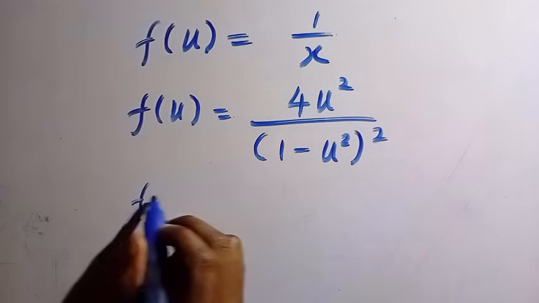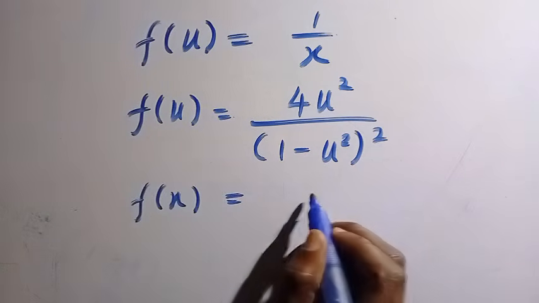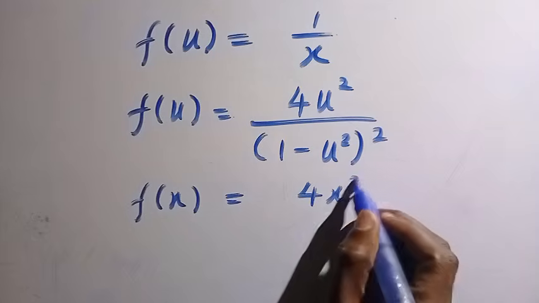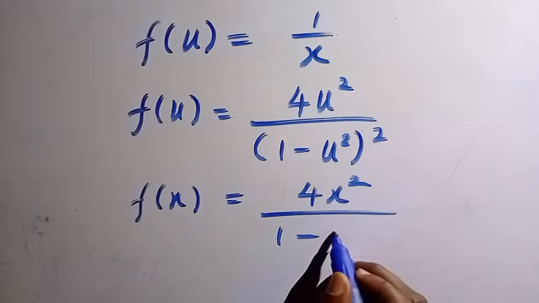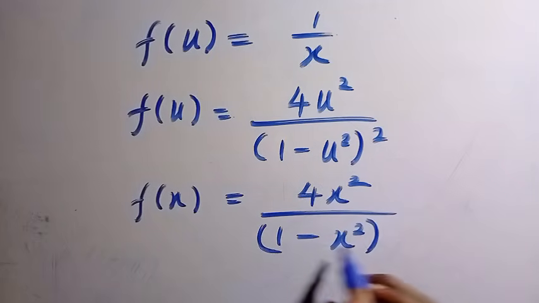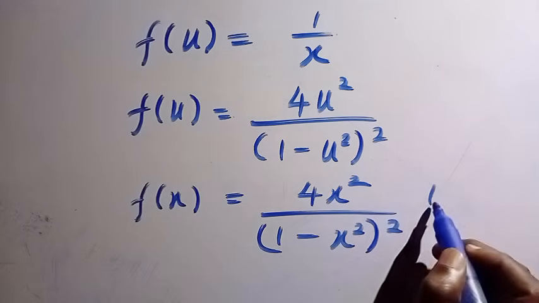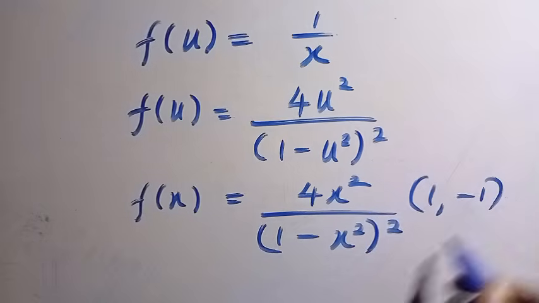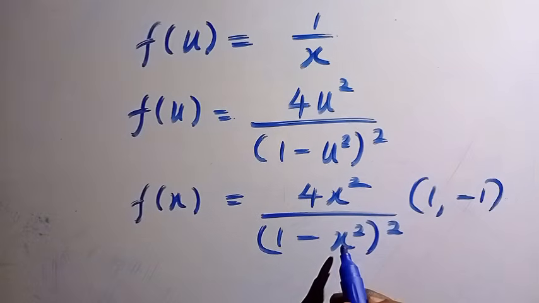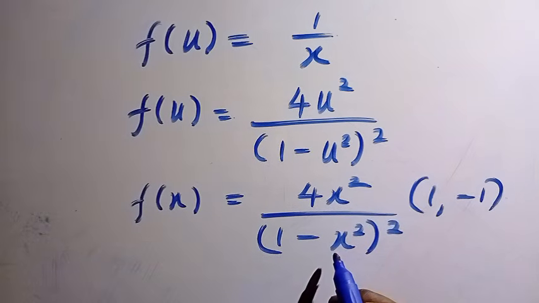Changing this to x is easy. We have f of x equals 4x squared divided by 1 minus x squared all squared. This is the answer for f of x, but x here must not be 1 and it must not be minus 1. That's the only exception here.